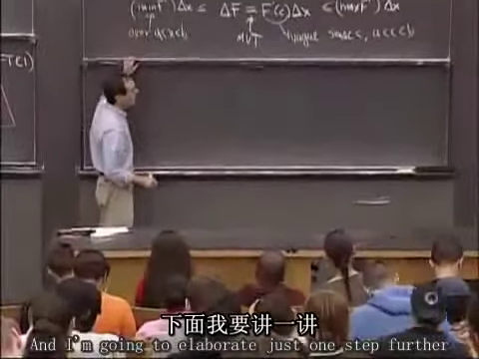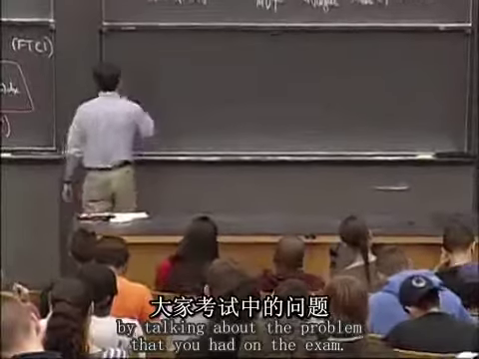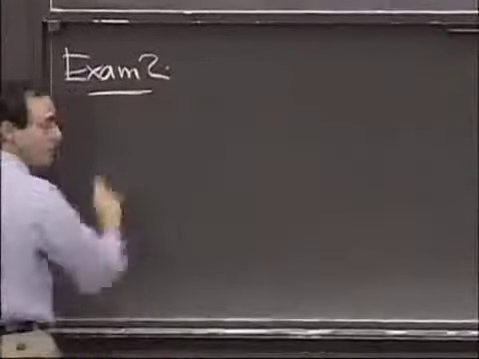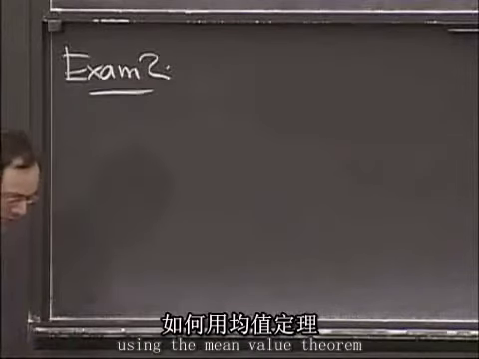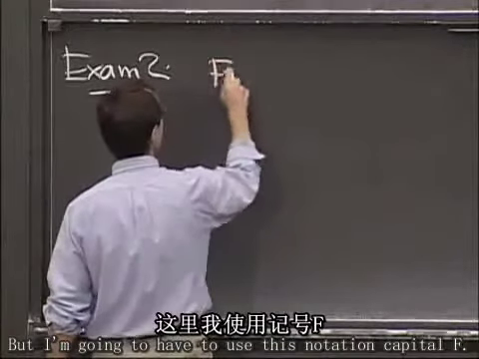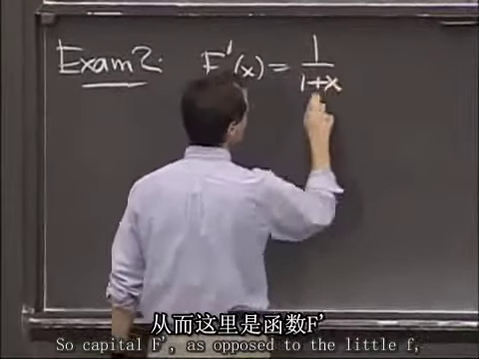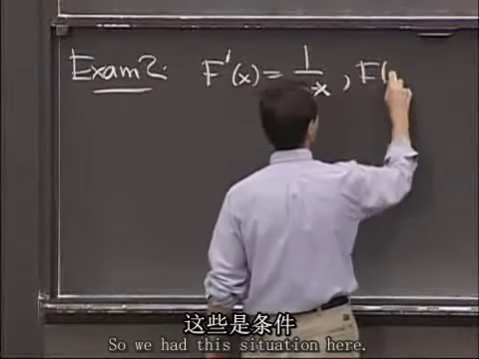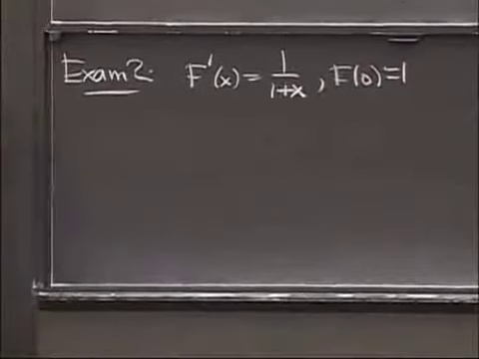I'm going to elaborate one step further by talking about the problem that you had on the exam. There was an exam 2 problem, and I'll show you how it works using the mean value theorem and how it works using integrals. But I'm going to have to use this notation capital F prime, as opposed to little f, which was the notation on your exam. So we had this situation here. These were the givens of the problem.